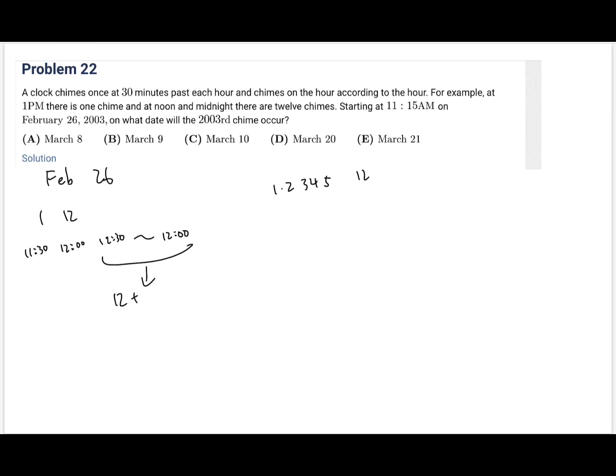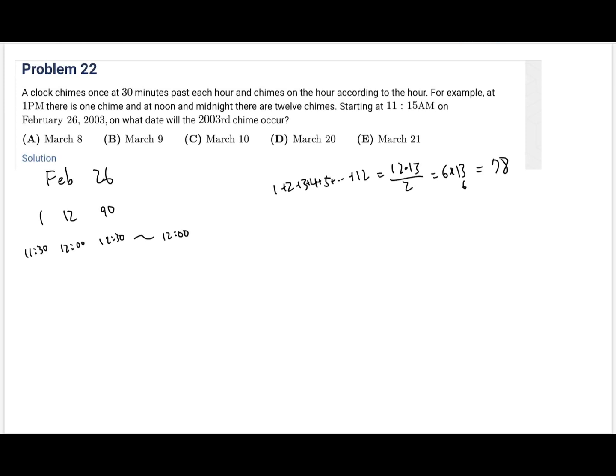So 1 plus 2 plus 3 plus 4 plus 5, all the way to plus 12. This is 12 times 13 over 2. This is 6 times 13, which is 78. This is 12 plus 78, which is 90.